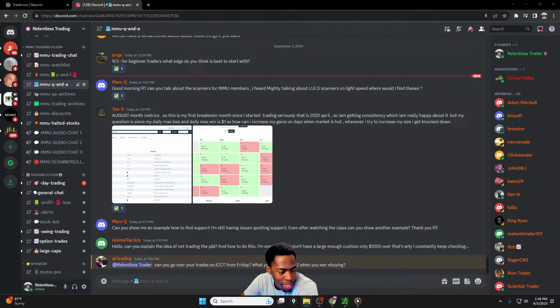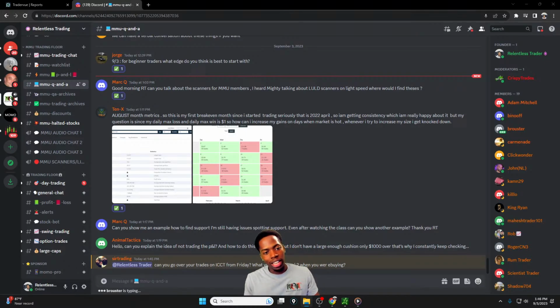There's a few ways you can spot support. First, by using level 2. If the stock is pulling back, let's say it's been a big move, there's no obvious area where you feel like there's, let's say, a pre-market high, trend line, or VWAP level.